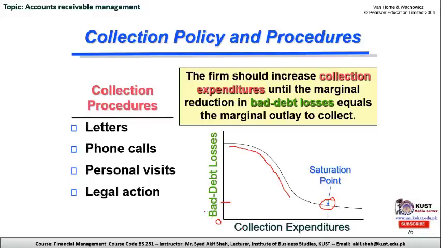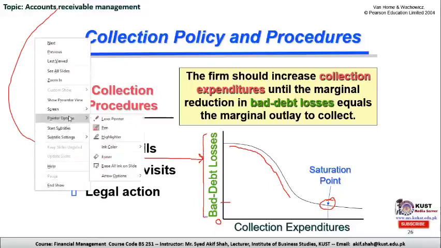By bad debt losses, we mean that certain credit applicants or credit customers do not pay the company in future, or rather those accounts receivable turn out to be uncollectible and are later written off from the books of account of the company. So our main focus in account receivable management, or one of the main focuses, is also to decrease the total bad debt losses incurred by the company. Let's move ahead.